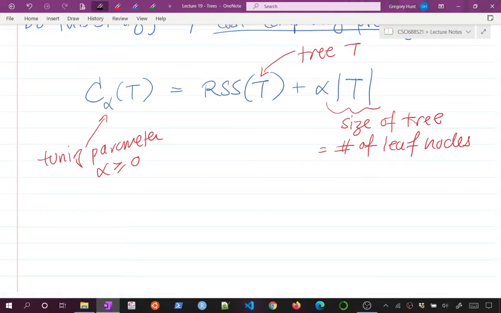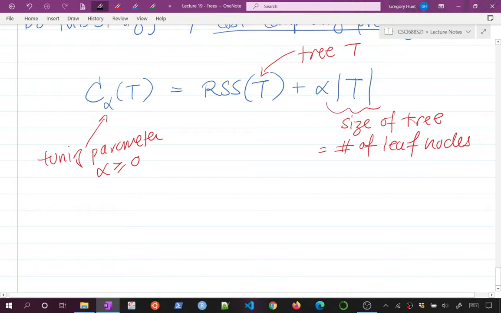One way you can visualize this is that it's the RSS of this tree: use the tree to predict your training data, calculate the RSS, plus a penalty term for having too big or very complex a tree.